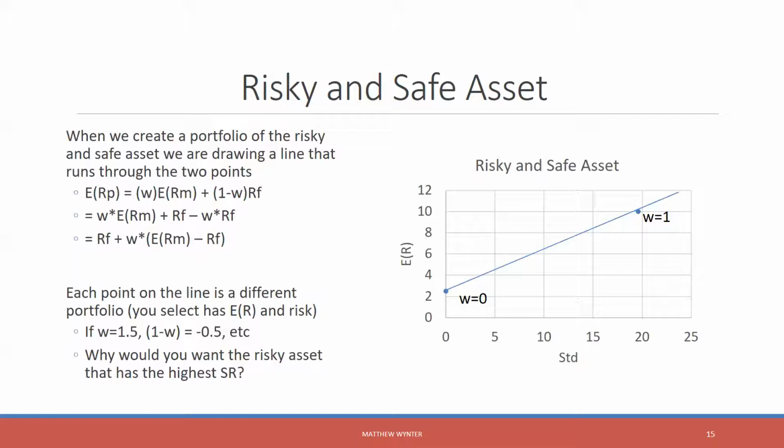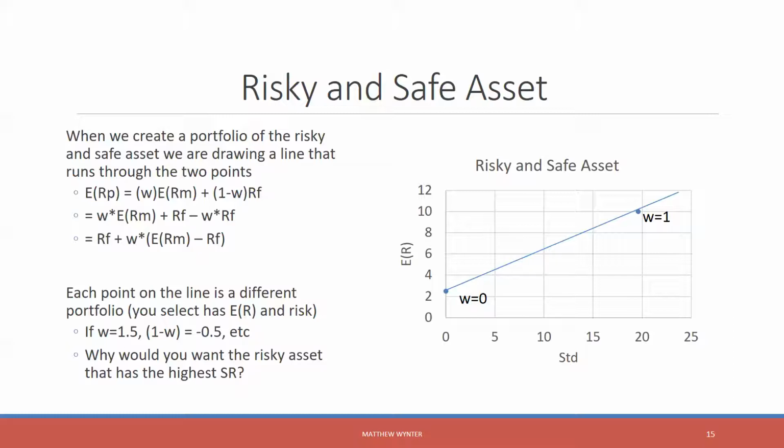Okay, so each point on the line is a different portfolio. Remember, we are selecting where on that line we want to be, conditional on how much risk we can tolerate and the expected return that we would like to achieve. So that blue line that runs through those 2 points, you'll also notice that there are 2 dots on that blue line.